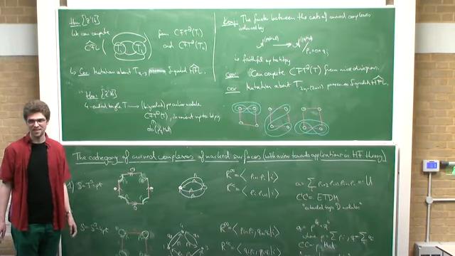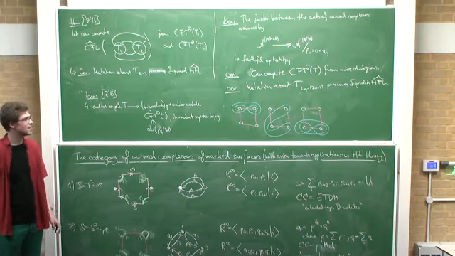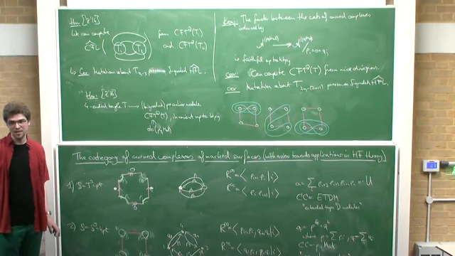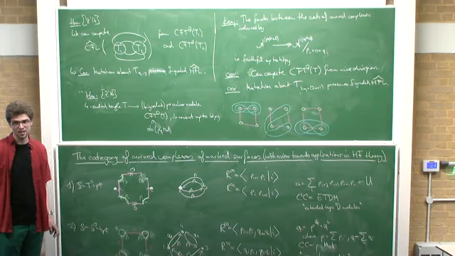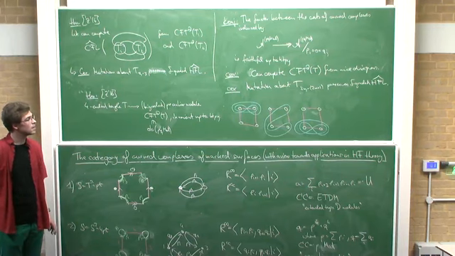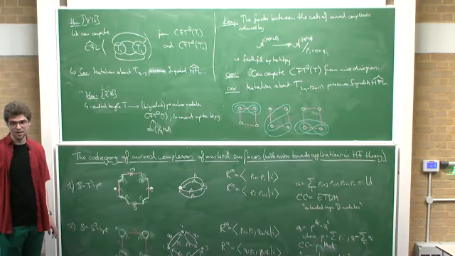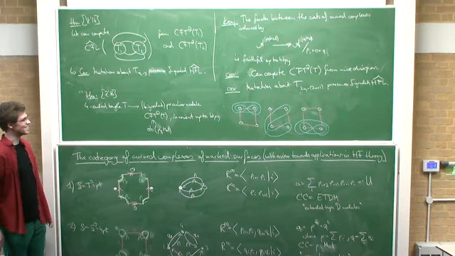You phrased things in terms of peculiar modules, so you had to fix a parameterization of your tangle. But I could think about the action of the mapping class group of the sphere with four points on it.